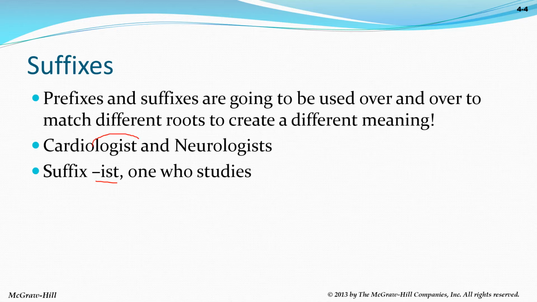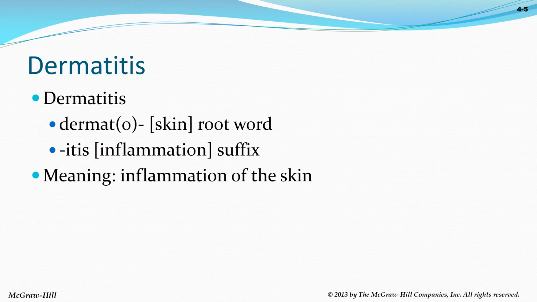So here we have the specialist in the study of the heart and a specialist in the study of nerves. -itis is inflammation. So dermatitis is inflammation of the skin.